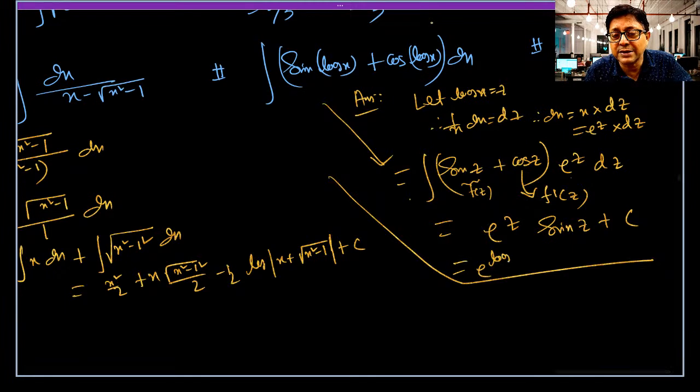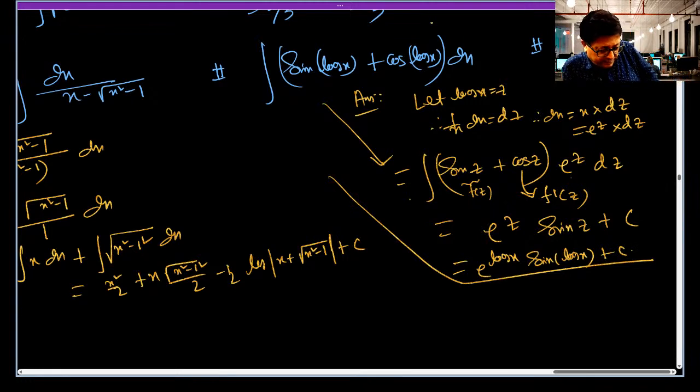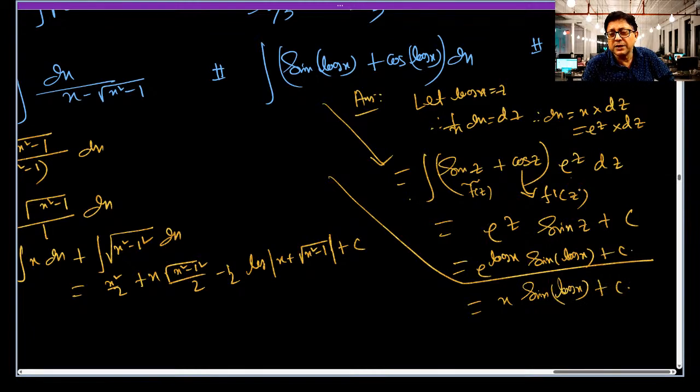E to the power log x sin of log x plus c. Okay? Answer is this. E to the power log x you can simplify, no? E to the power log x is what? X sin log x plus c.